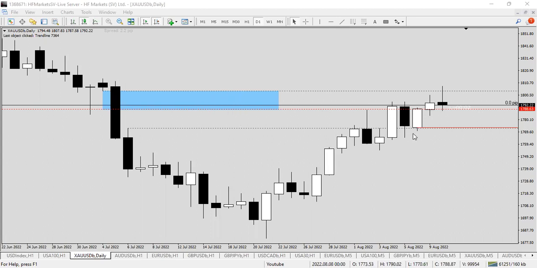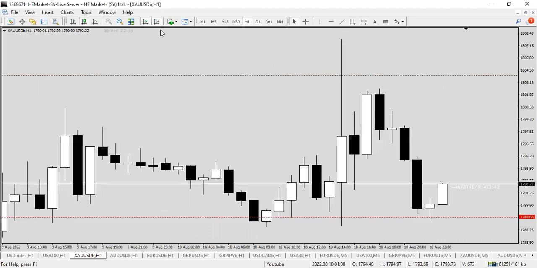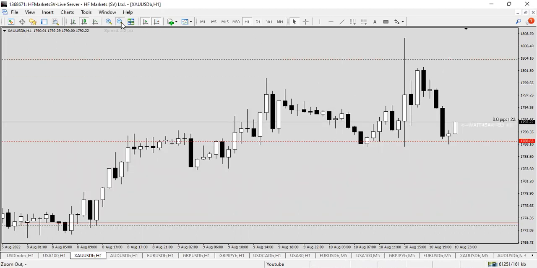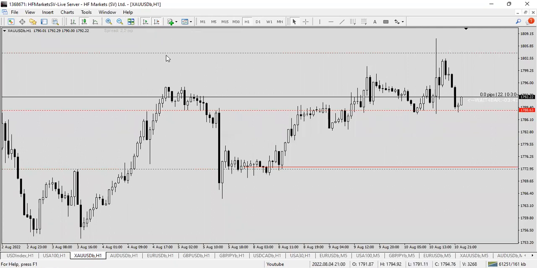All right. So now straight into the hourly chart. No time to waste. We're going to do two things. First thing is we're going to go over to when the imbalance was actually created to look for reference points. The narrative is already clear. We're bearish. We want to sell.